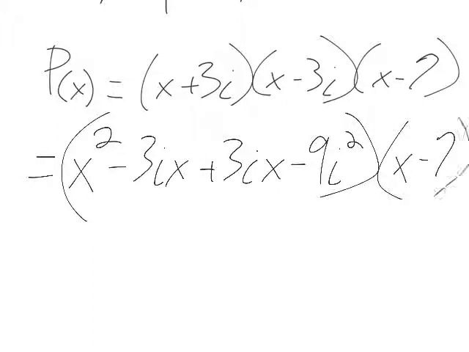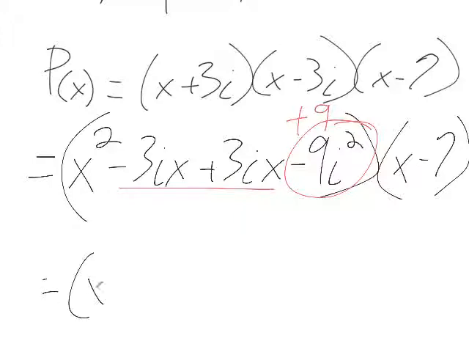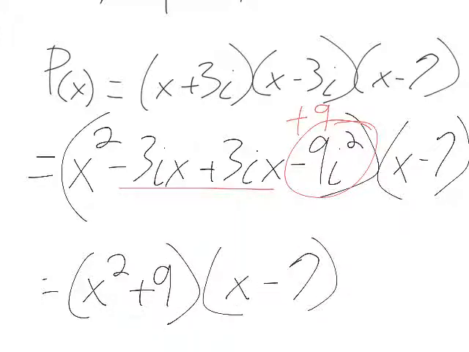That's going to turn into plus 9, because i squared is equal to negative 1. Negative 9 times negative 1 would be positive 9. All right, so we can see what happens here. These two are going to add out to 0 when you try to combine them. So you wind up with x squared plus 9 for that polynomial once you simplify it.